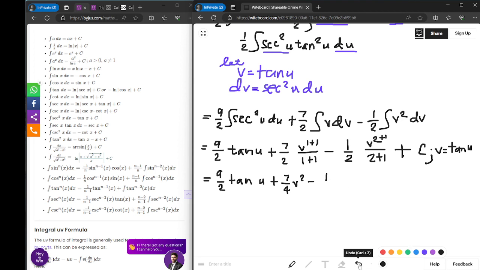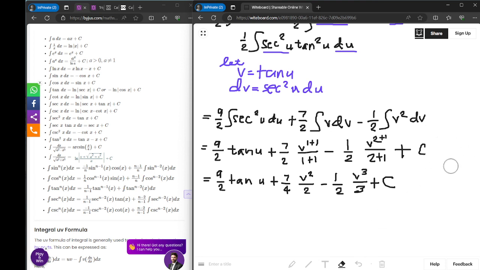Okay, let me write them step by step. Right, this is v squared over 2 minus 1 half, and this is v cubed over 3 plus c. So let's just erase this since we will not use this here.